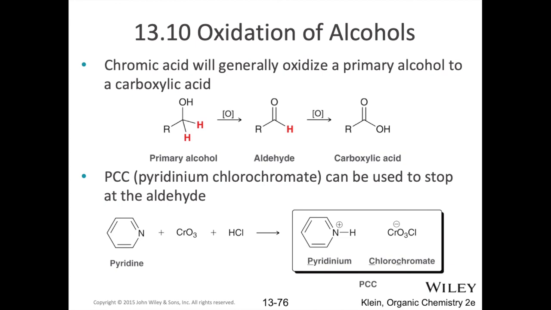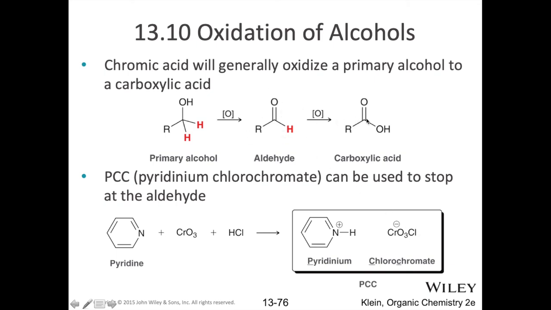process here. To stop at the aldehyde step, we're going to use pyridinium chlorochromate, often abbreviated as PCC. This is made using pyridine, chromium 6 oxide, and hydrochloric acid, but this winds up being mild enough to stop at the aldehyde.